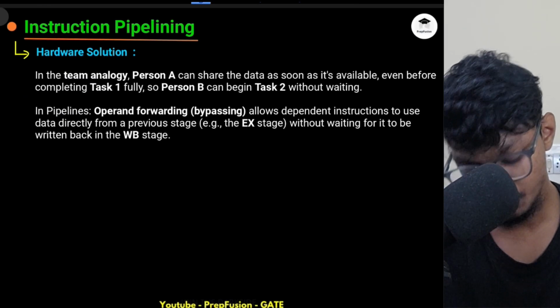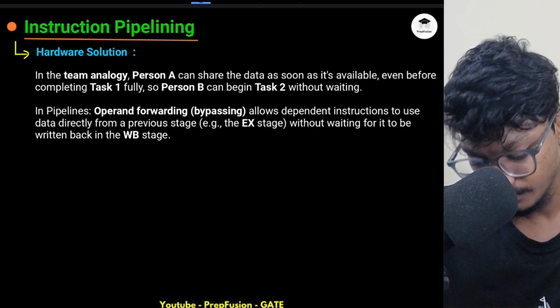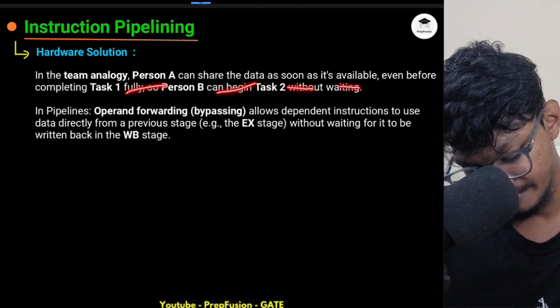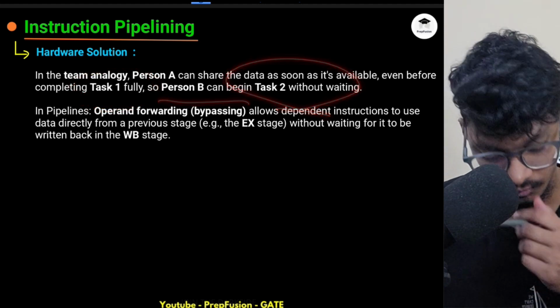So what we do is we bypass the write back stage. Let's take an analogy. Person A can share the data as soon as it's available, even before completing task 1 fully. So person B can begin task 2 without waiting.